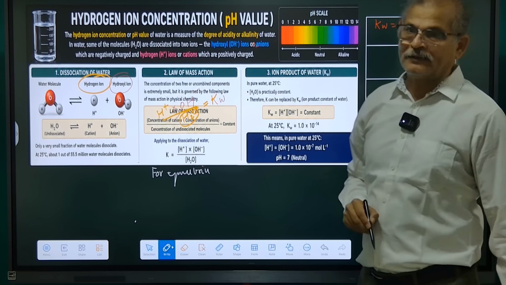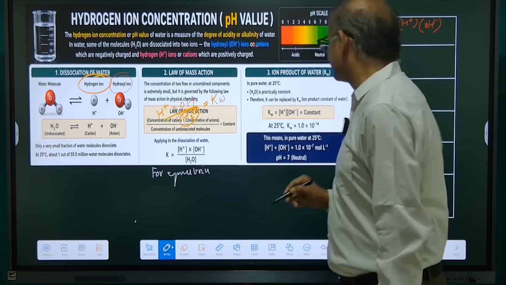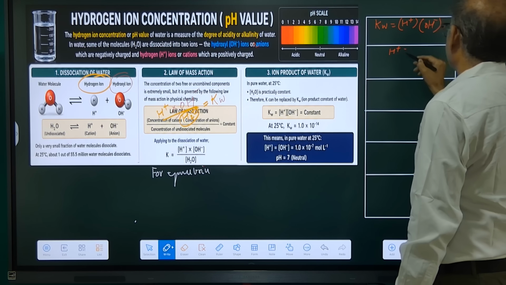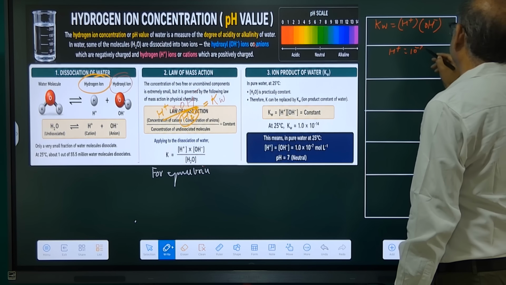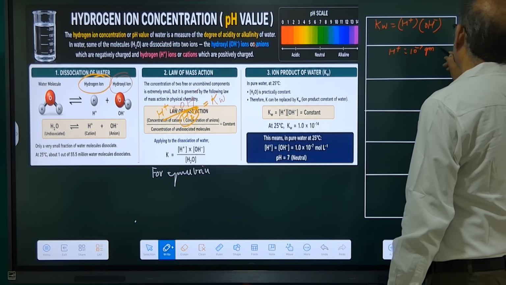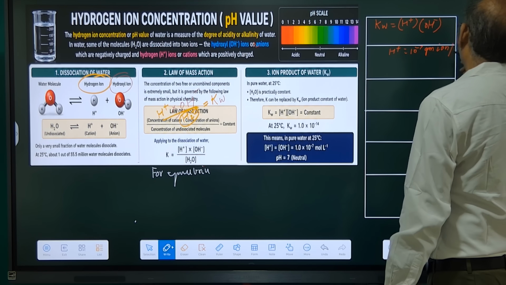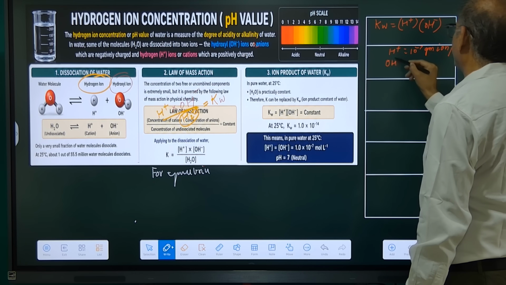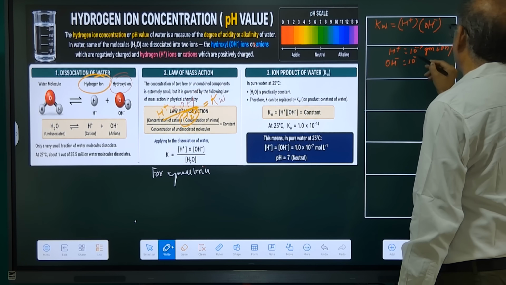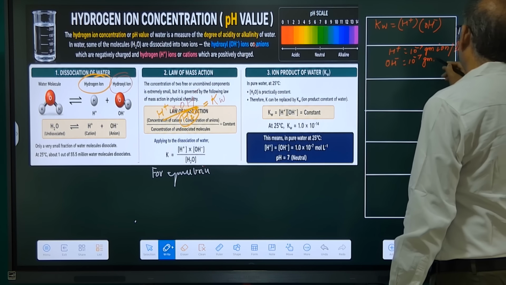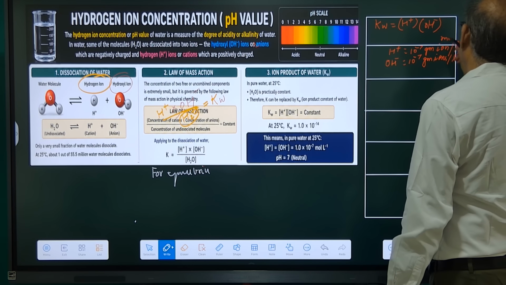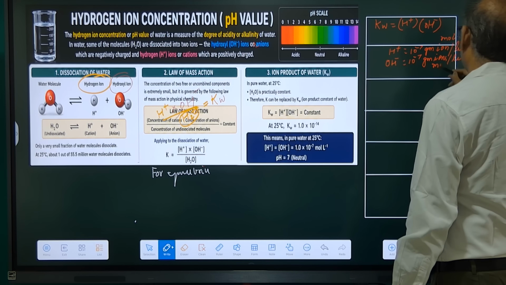We know that per liter, hydrogen ion is 10 to the power minus 7 gram ions per liter, and hydroxyl ion OH- is also 10 to the power minus 7 gram ions per liter, or we can also say mole per liter.